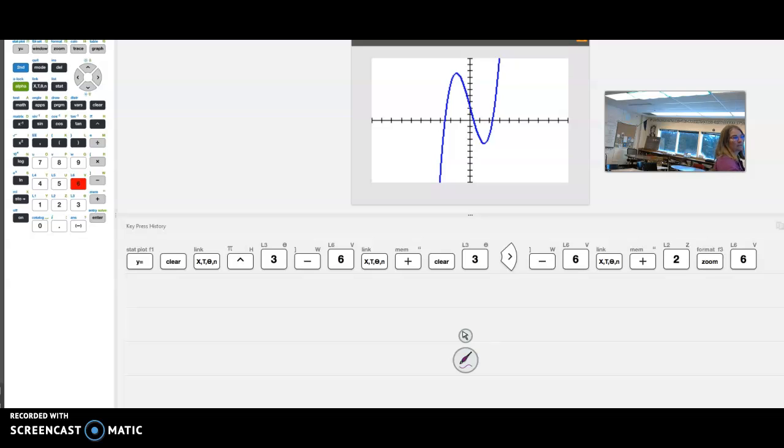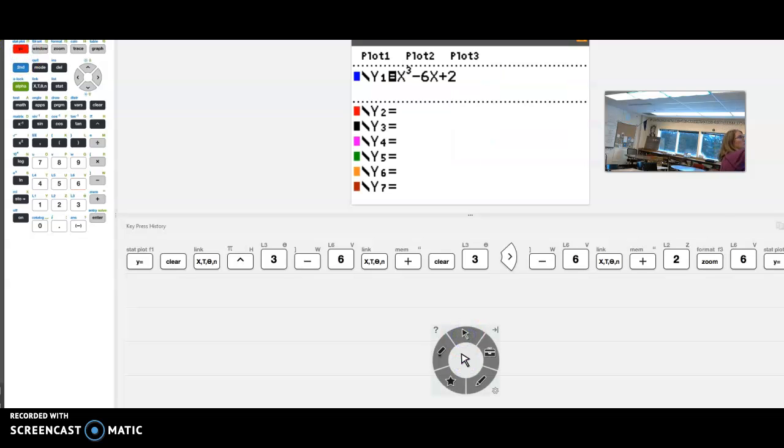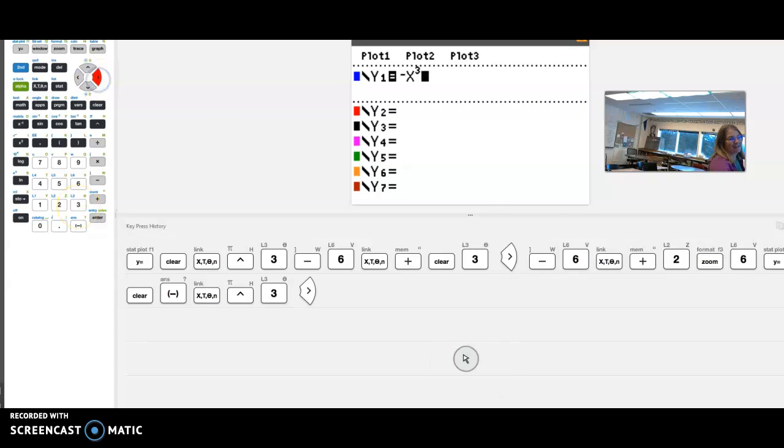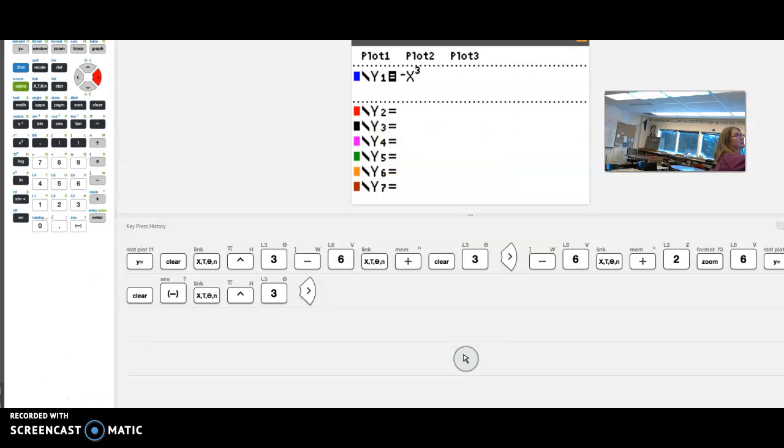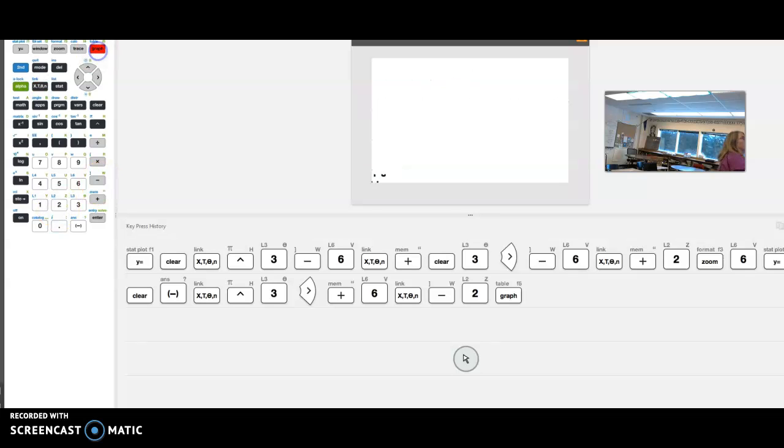All right, gotta remember that. So we have a negative x cubed plus 6x minus 2. And these are just random equations that I picked.